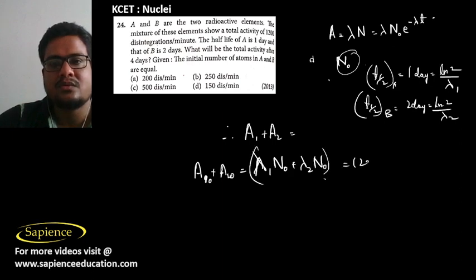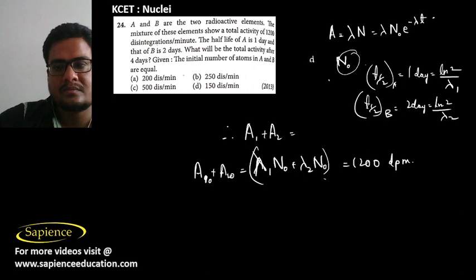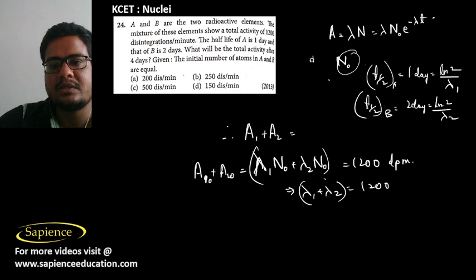That is given as 1200 disintegrations per minute. Therefore I can say lambda 1 plus lambda 2 is equal to 1200 by N naught disintegrations per minute.